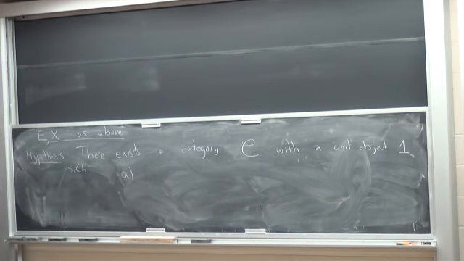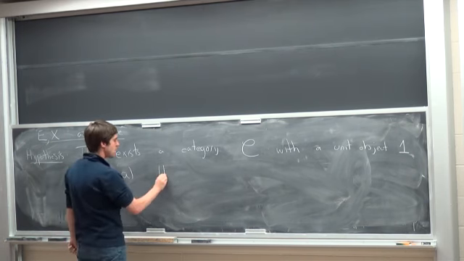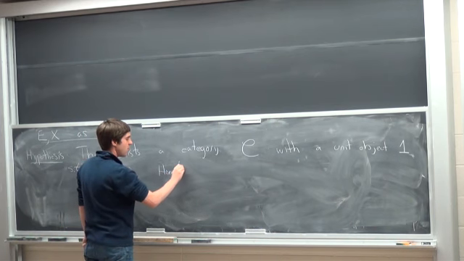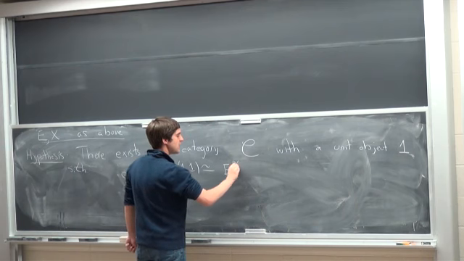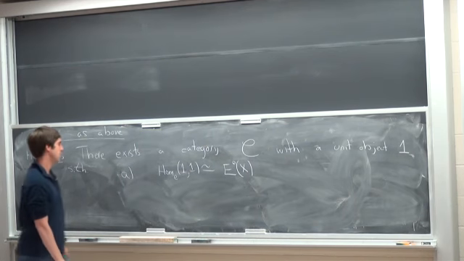So first, when we compute endomorphisms of the unit object, what we get is the E-cohomology of X. So homs in the category C from the unit object to itself should be the E-cohomology of X.